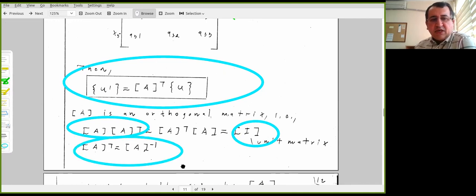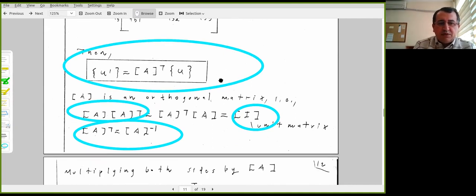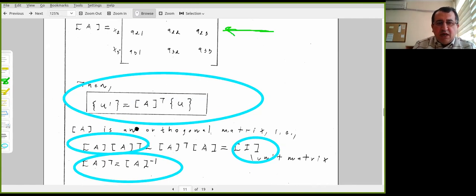So this could be a check on your computations. You may check whether the matrix is orthogonal or not. A is referred to as an orthogonal matrix. Always A transpose should be equal to A inverse for transformation matrices. And I can find the inverse formula here.